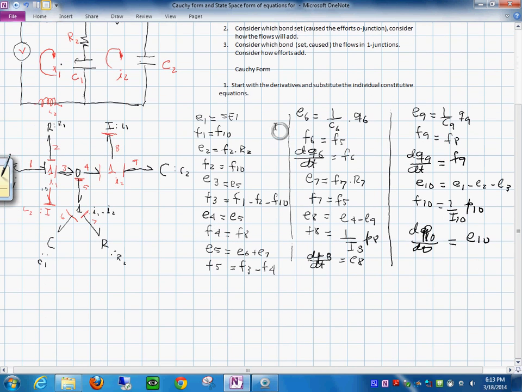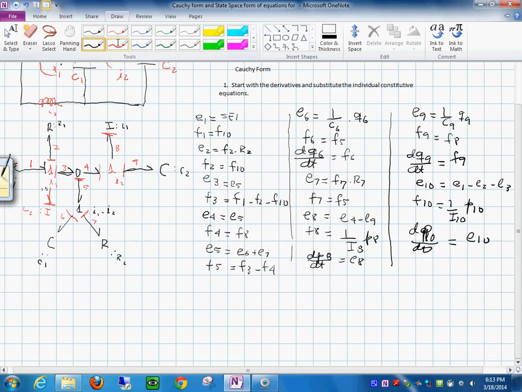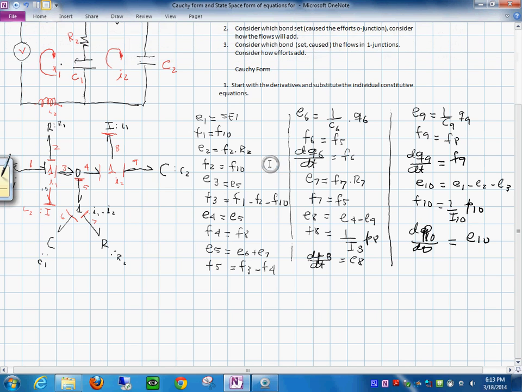I think now we are turning our attention to the Cauchy form of the equations, because with what we have done, we can recognize that we have one equation here, equation number 2 over here, then 3, and then equation 4. So in this case, we are going to write the Cauchy form of the equation.